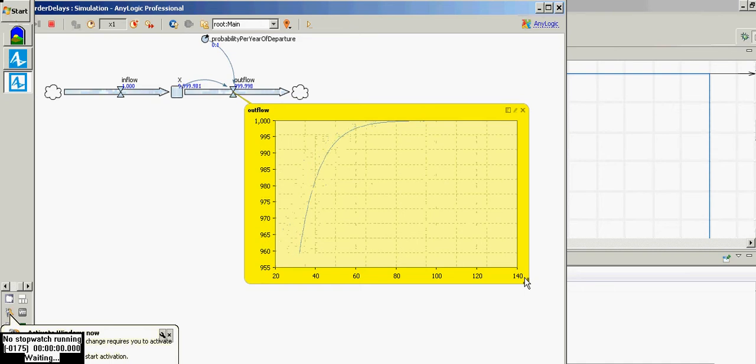And as X rises, what else rises? The outflow, right? The outflow is going to rise. And as a result, X will be rising, but it will be rising slower, right? Because there's more and more outflow now. X will continue to rise, though, as long as the inflow is greater than the outflow, but it will rise slower and slower, because each little bit it goes up, there's more outflow.